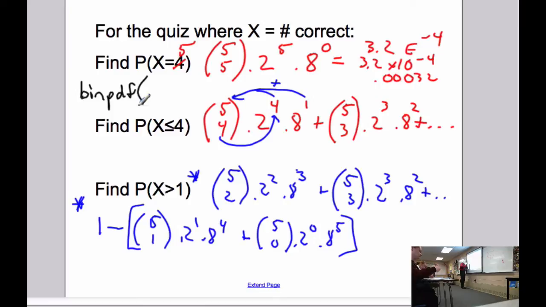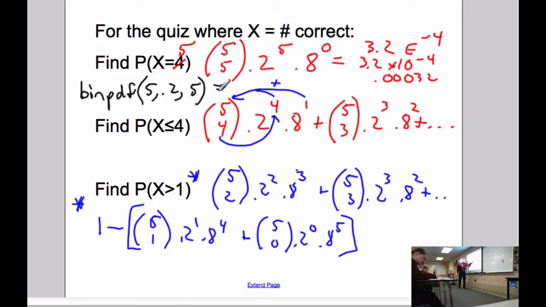How many test questions did you have? 5. What was the probability of success? 0.2. How many are we talking about? He succeeded 5 times. Hit equals 3.2 times 10 to the negative 4. We right? There you go.